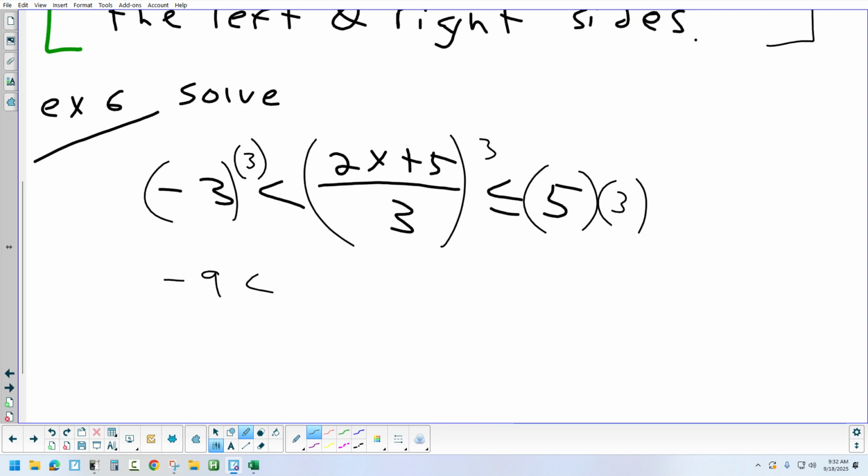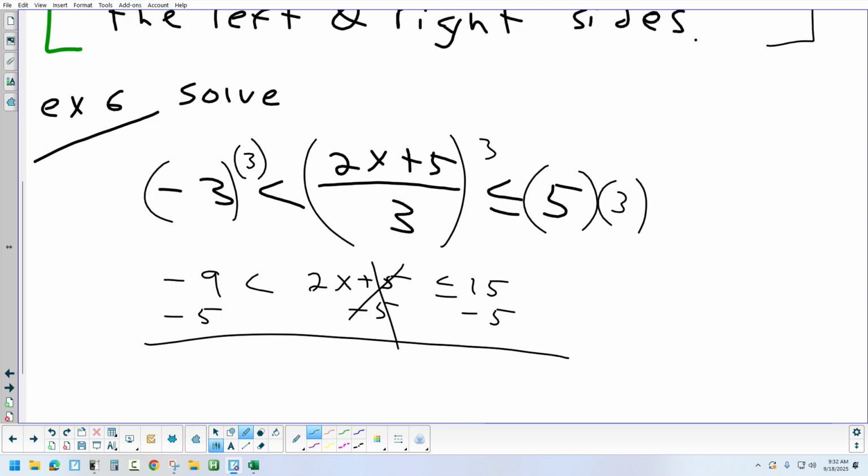So now you've got negative 9 is less than 2x plus 5, and you've eliminated the 3, which is less than or equal to 15. Okay. What would be our second step? Yep. Subtracting this back. And remember, you do it on the left, middle, right. That's gone.